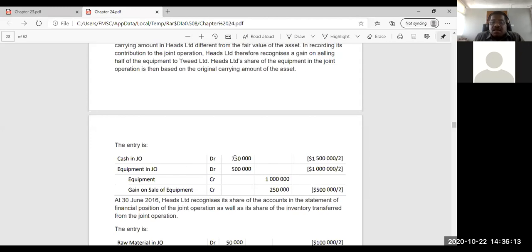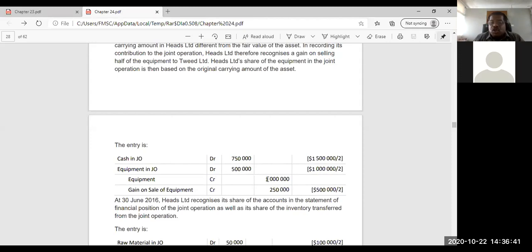You get cash 750 because you are jointly controlling, and you have to remember, you record this not as 1.5 million. Even though you transfer it at 1.5 million, you record this as 1 million in the books. So you take half of that.